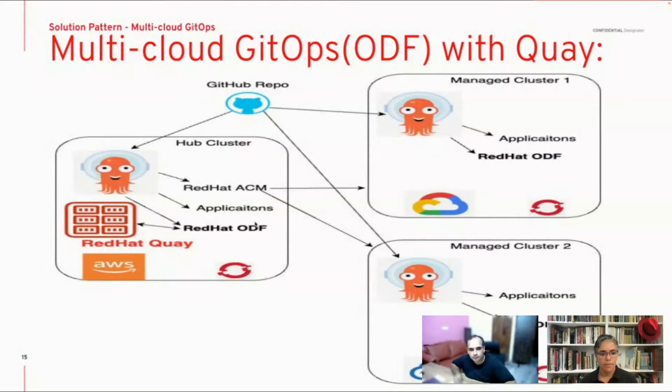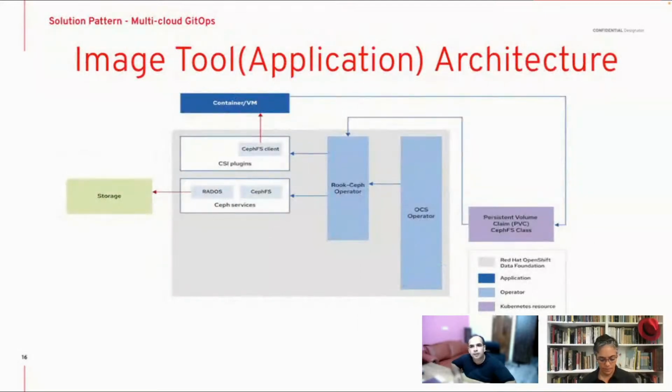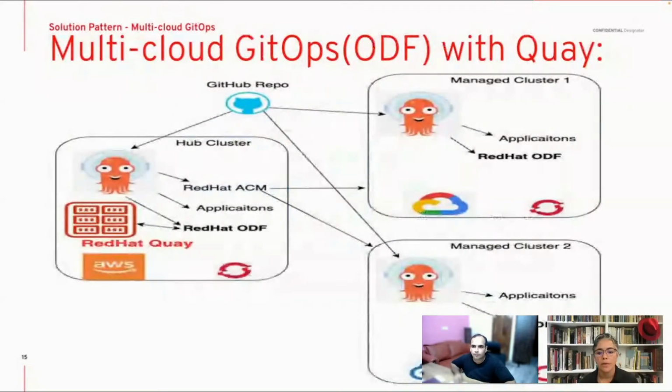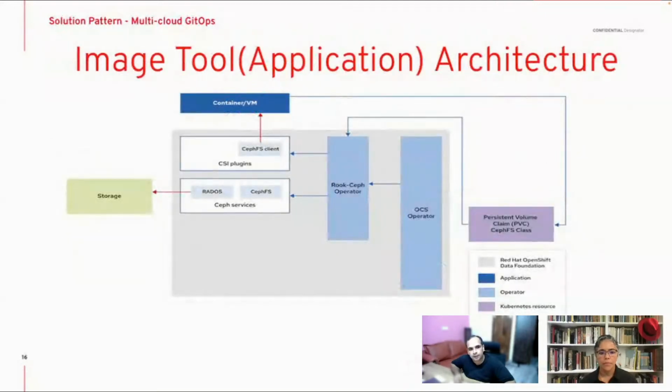Before we jump into the demo, I'll go through one of the applications we are using in this demo. The name of the application is image tool. It will be deployed as a container in the pods, and it will request a persistent volume claim using the Ceph class.